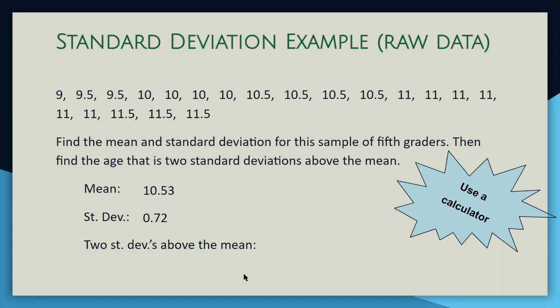The last step says find the age that's 2 standard deviations above the mean. Meaning I want to take the mean and add 2 standard deviations to it.